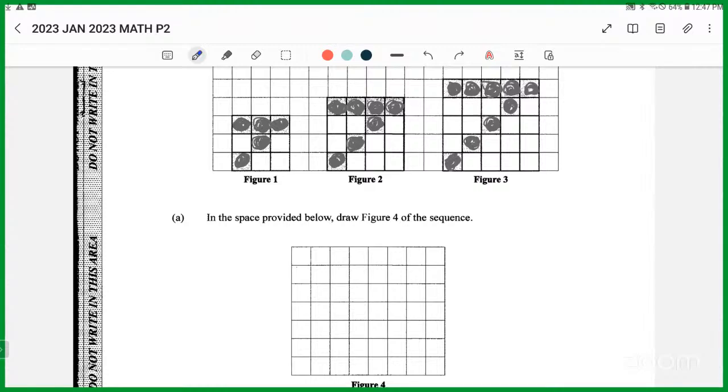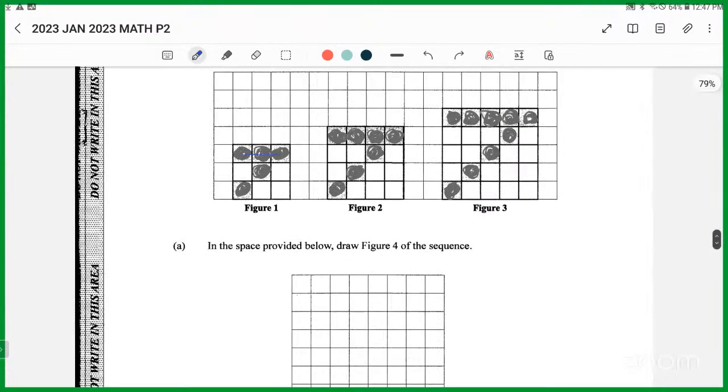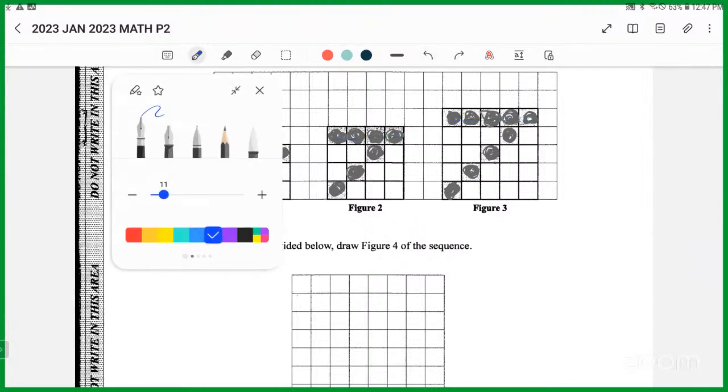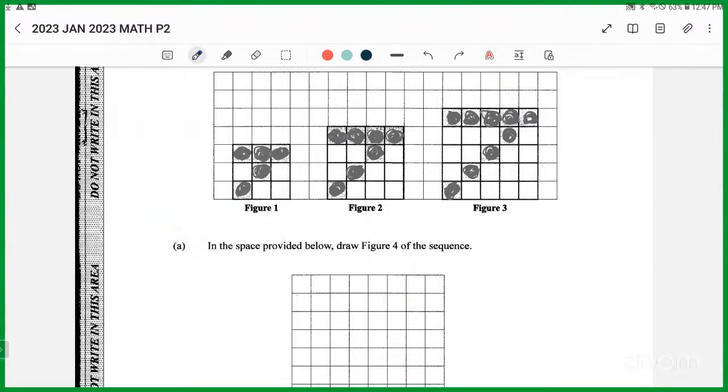All right, let's look at it. We have 3 on the top, 4 on the top, 5 on the top, don't we? So we need 6 on the top now. So let's put 6 on the top: 1, 2, 3, 4, 5, 6.